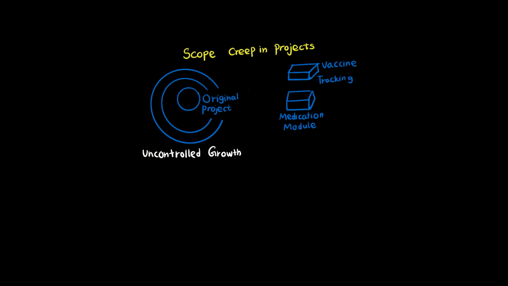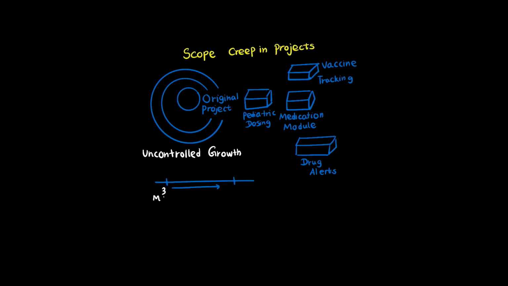It starts innocently. While you're building the medication module, could you also add vaccine tracking? Then, and pediatric dosing calculations. Soon, we need drug interaction alerts too. Each request seems reasonable in isolation, but collectively they transform a 3-month project into a 2-year nightmare. The word creep is perfect.